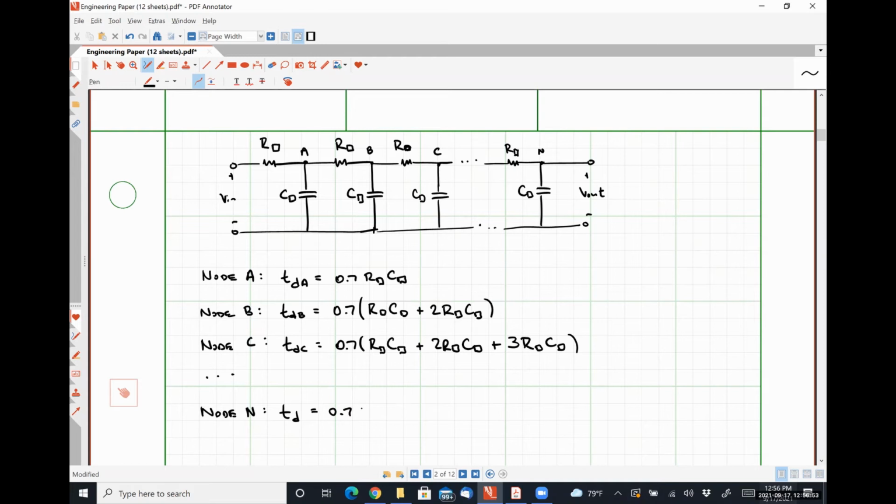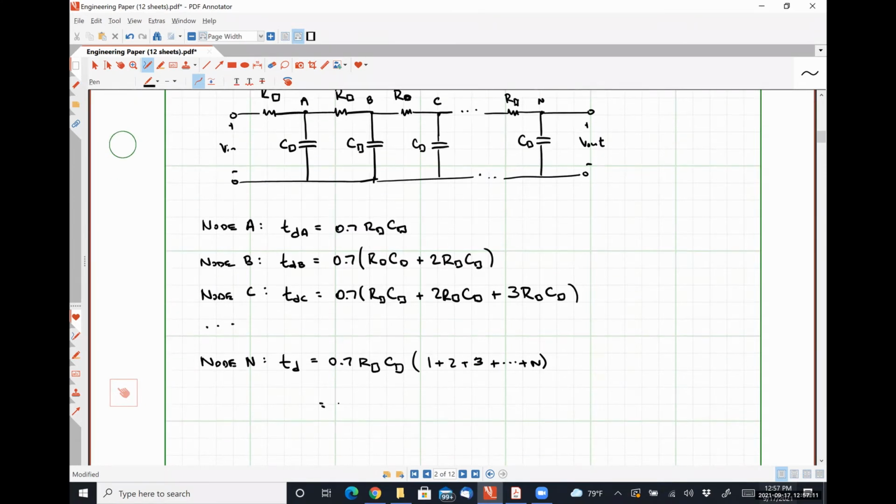0.7 r squared c squared times 1 plus 2 plus 3 plus all the way out to n, or 0.7 r squared c squared times the summation from i equals 1 to n of i. Well, we can approximate this. What would this be, an arithmetic series because we're adding all the things together?